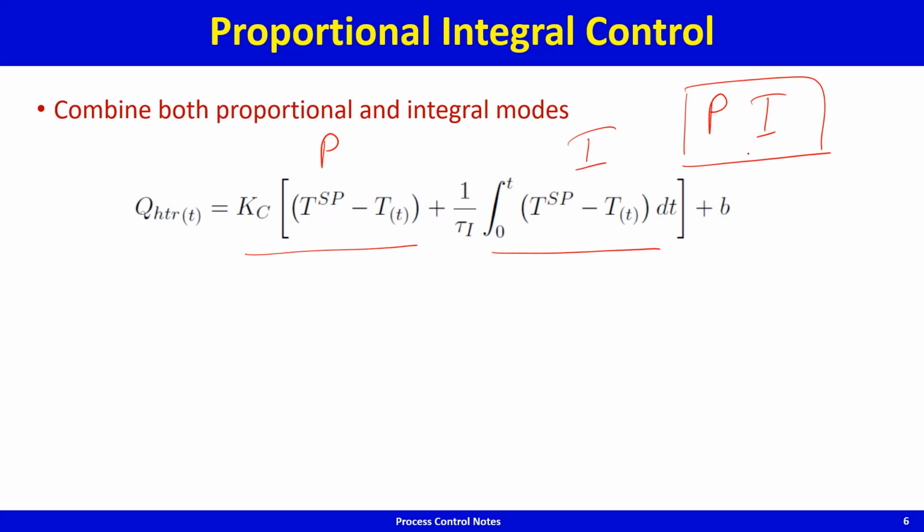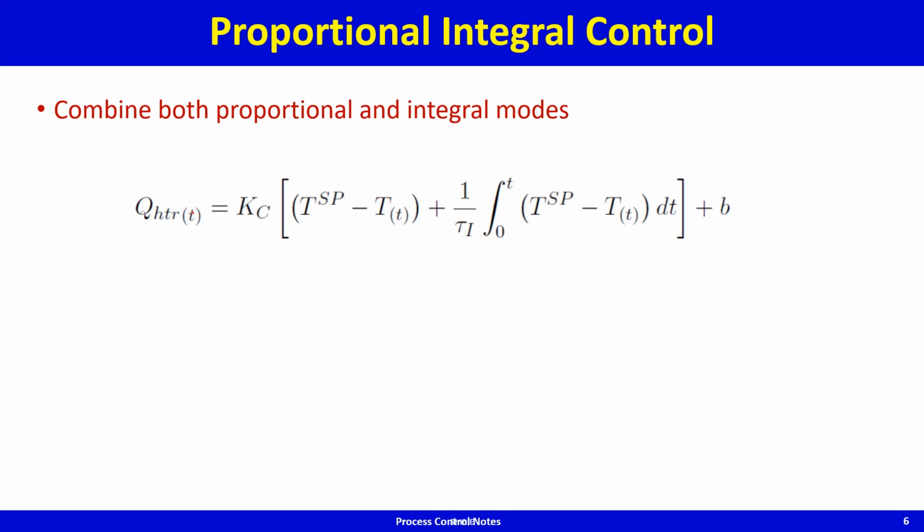Integral action gives 0 offset, and you adjust integral action by adjusting tau I, and Kc is used to adjust the speed of response, and we'll talk about this later in the course, but the form of the control algorithm is stated in front of you.